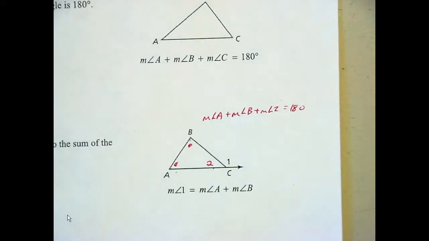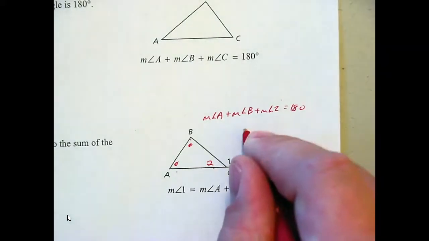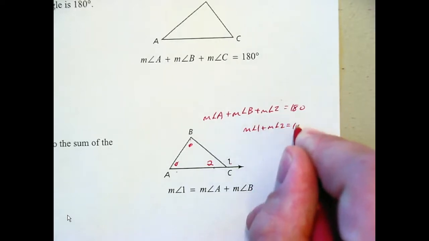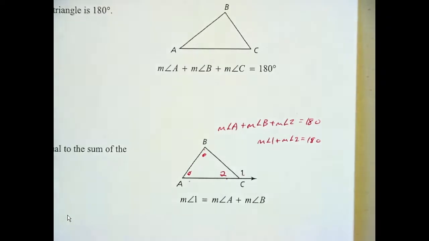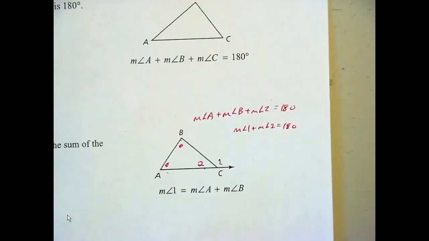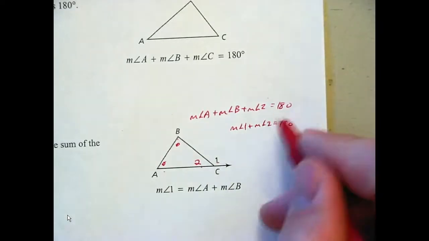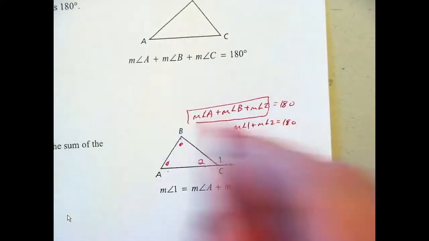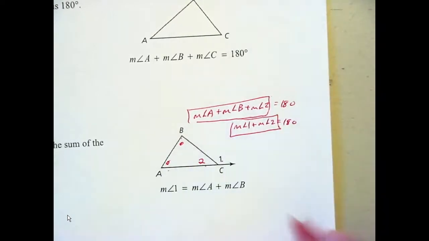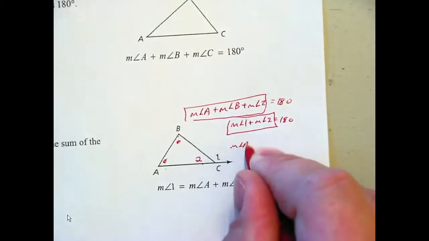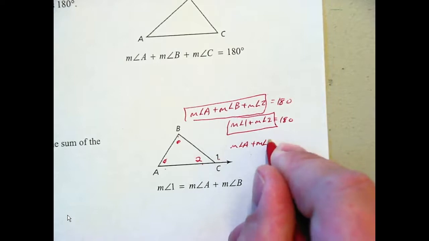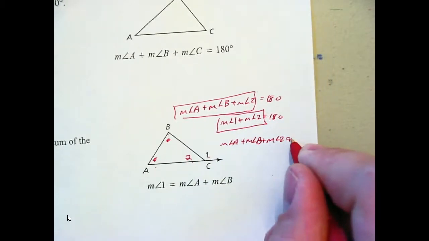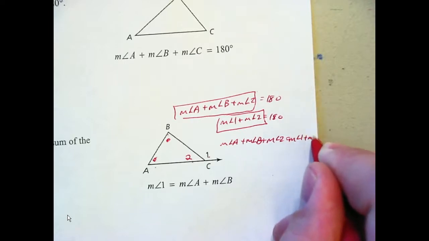What do 1 plus 2 have to add up to? Nathan, what do 1 and 2 have to add up to? Yeah, 180. And if that's true, I know that this equals that. So I know measure of angle A plus measure of angle B plus measure of angle 2 equals measure of angle 1 plus measure of angle 2.